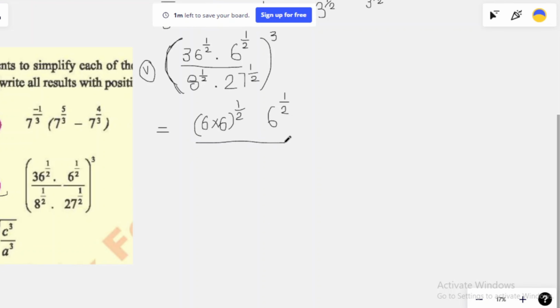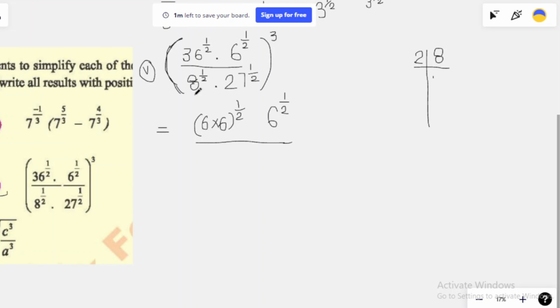In the denominator we have 8 raised to the power 1 over 2, which means the square root. So we look for a number which can be multiplied with itself to give us 8, and we know no such number exists. So what we can do here is take the LCM of 8 and see whether we can make any pair or not. 8 raised to the power 1 over 2: there is no such number which is multiplied with itself to give us 8.